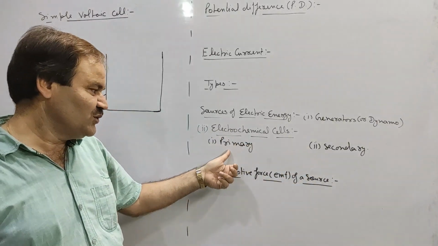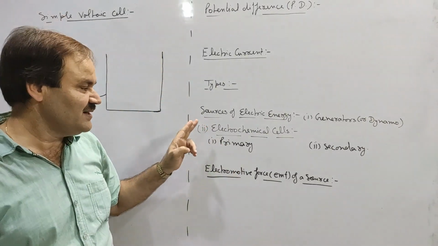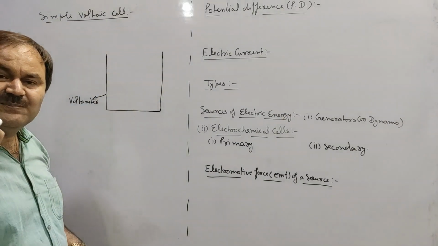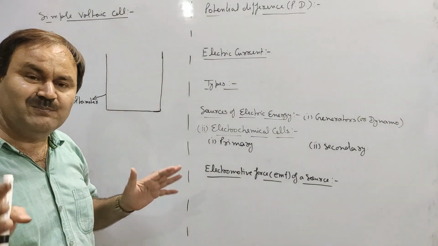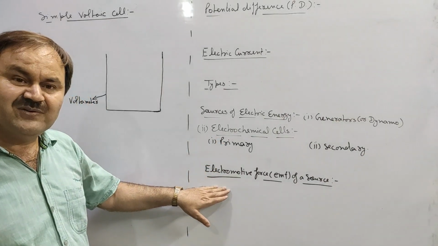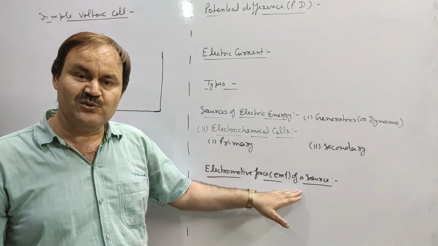Then we will come to the simplest type of primary cell, that is simple voltaic cell, and through that we will understand the mechanism in which cell provides current to external circuit, and then we will come to electromotive force of a source.